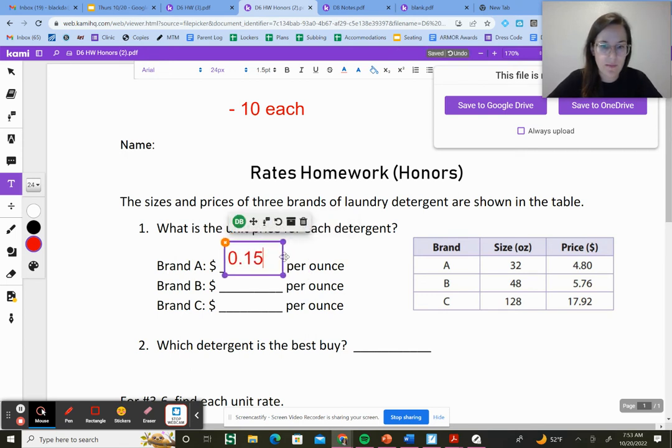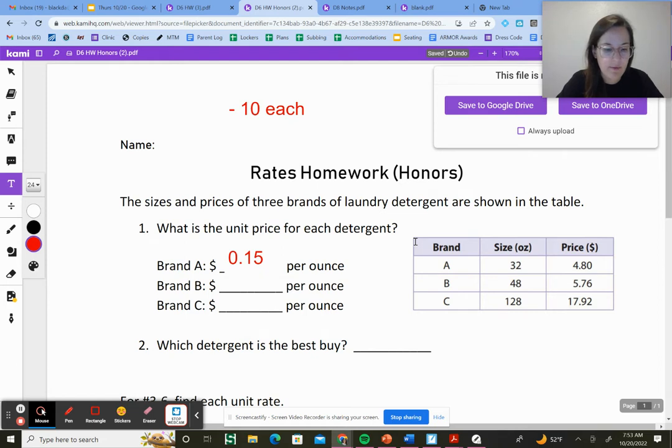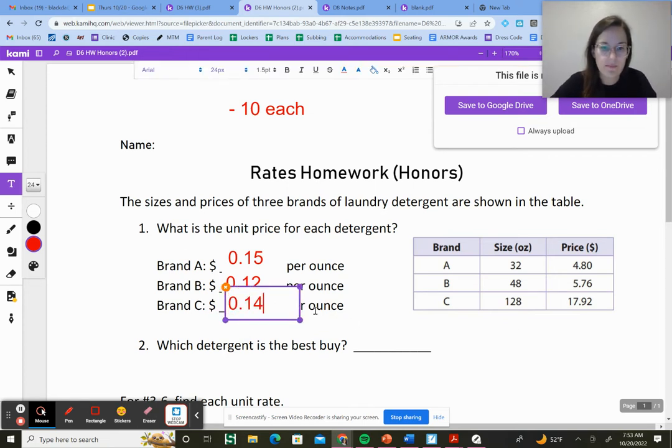All right, brand B, you're gonna do $5.76 divided by 48, 12 cents per ounce. So far that's the better deal. And then brand C, $17.92 divided by 128, 14 cents per ounce.